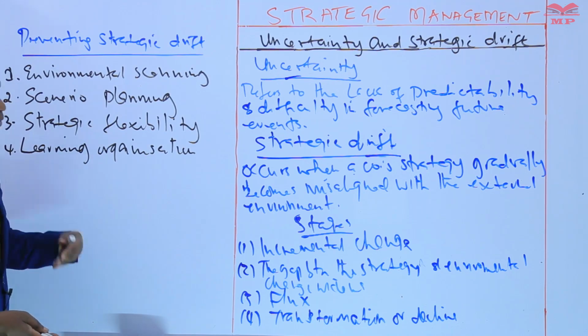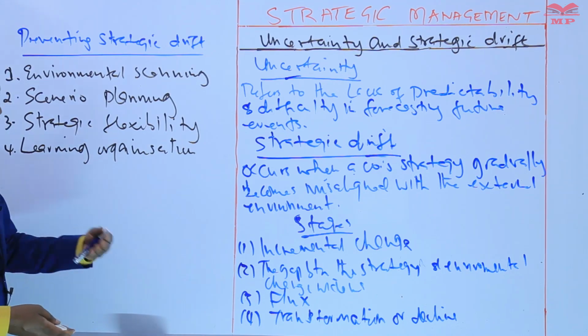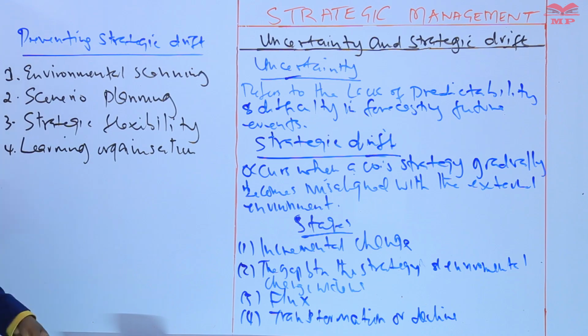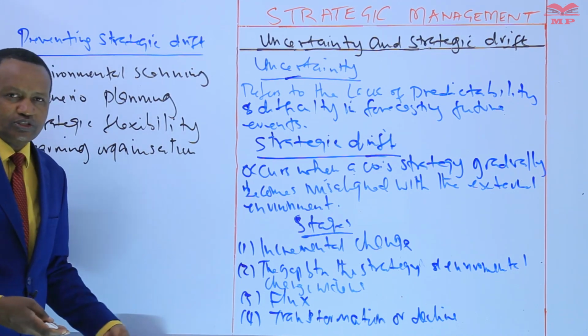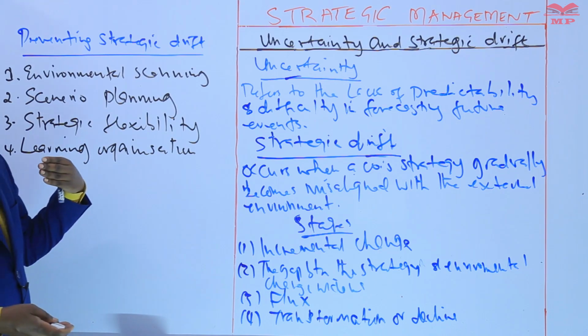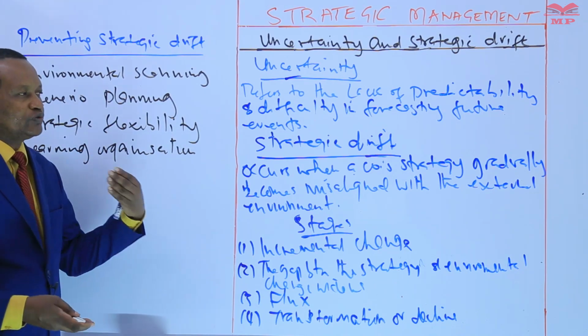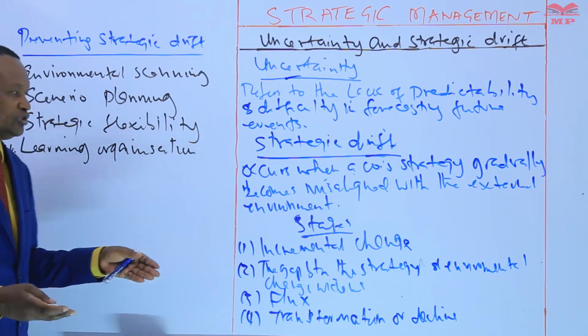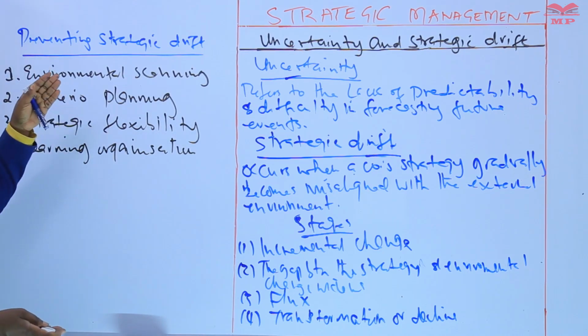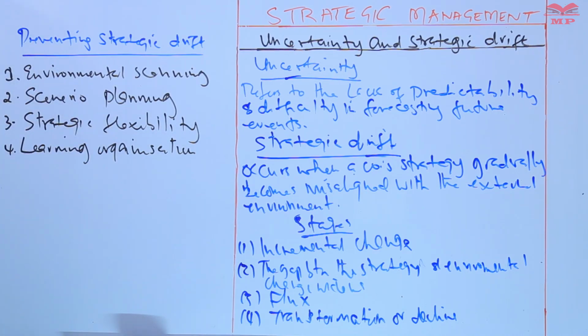So develop a culture where individuals can learn, individuals can change any time. That can help prevent strategic drift. Encourage employees to challenge assumptions, to embrace new technologies, new ways of doing things, to be more creative and to be open to change. That is one way to prevent strategic drift.